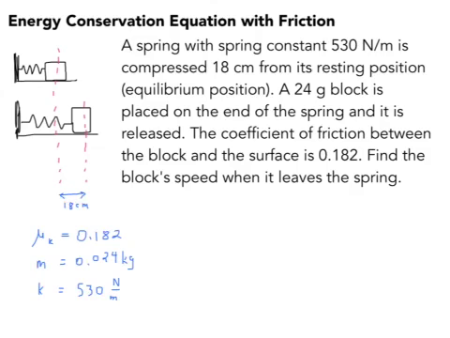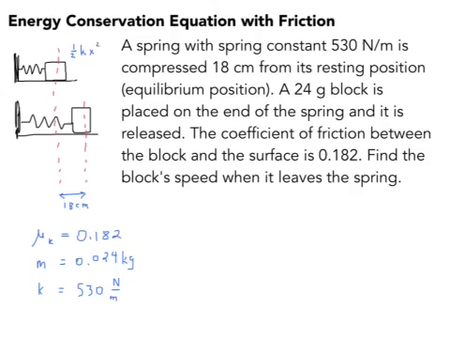I've written them down. To account for friction, we can modify the equation of energy conservation, and here's how we do it. Let's first just write down the energies. At the beginning, all we have is 1/2 kx squared.